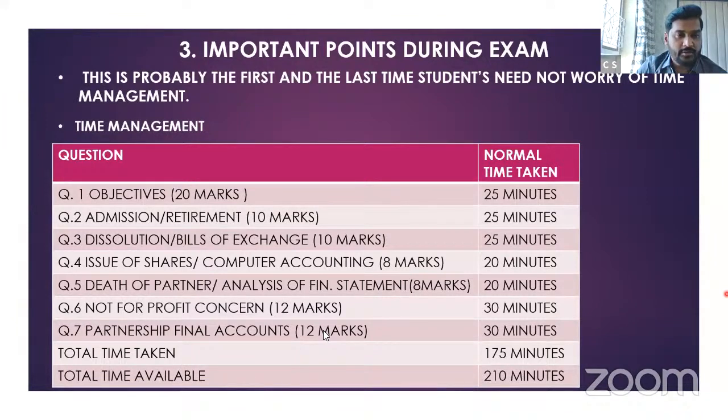The question is whether salary or commission to partner is added to the profit and loss suspense account or not. Yes, it is added. Entrance fees, if nothing is mentioned, then consider it as revenue. And if they say capitalize it, then only you will capitalize it.